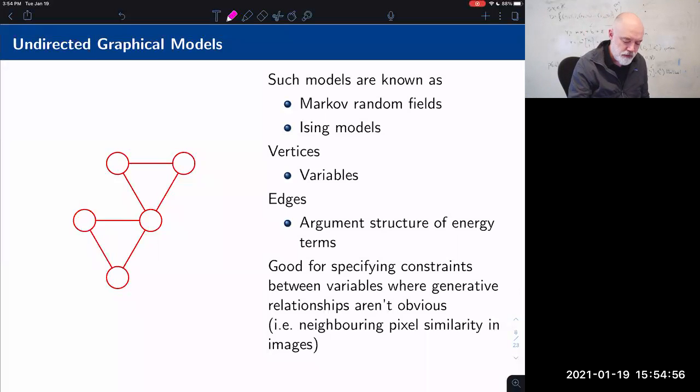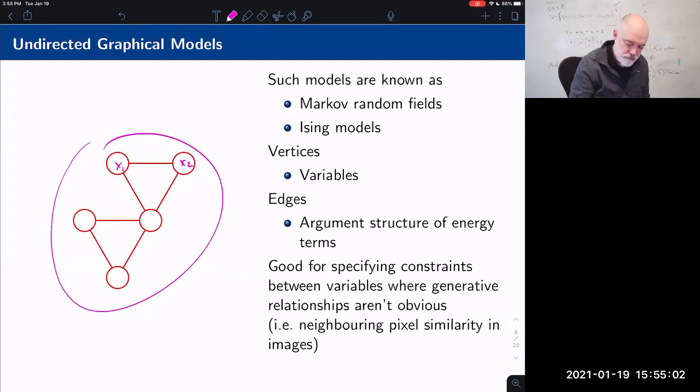In general, you might write a probability density function over something like this. If this is x1, x2, x3, x4, x5, for instance, you might say that p of x, the vector, is proportional to e to the sum over, this might be f1,2, this might be f2,3, so on and so forth.